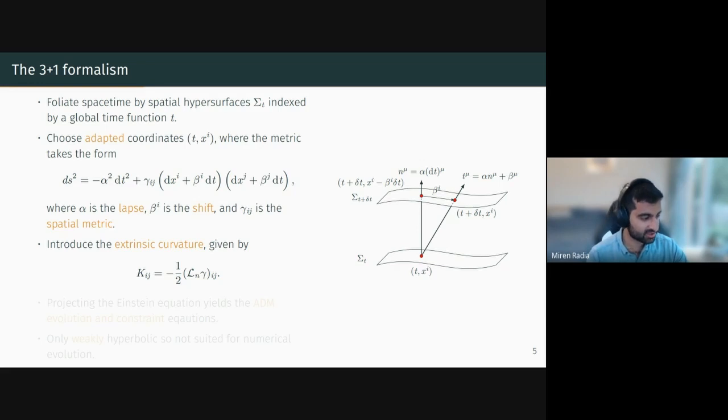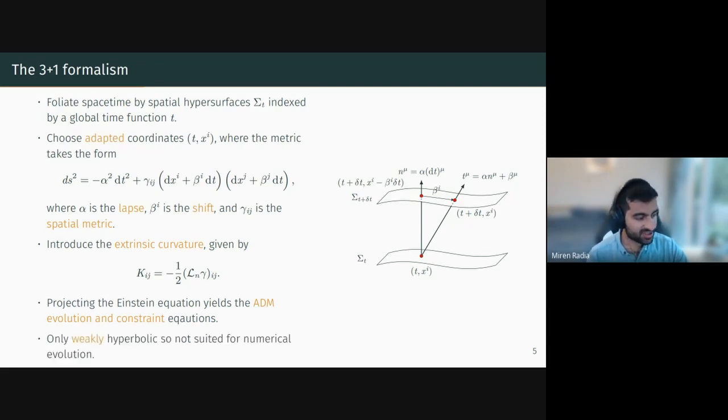This is the Lie derivative in the normal direction. I note that the sign convention of the extrinsic curvature is standard in numerical relativity, but differs from that of other conventions. So if we project the Einstein equations in the normal and spatial directions, we get the ADM evolution equations and the constraint equations of general relativity.